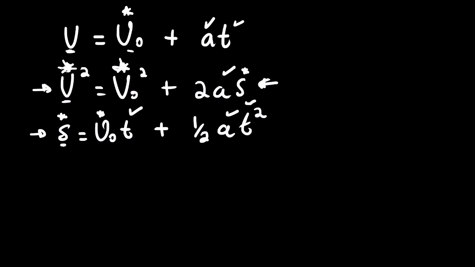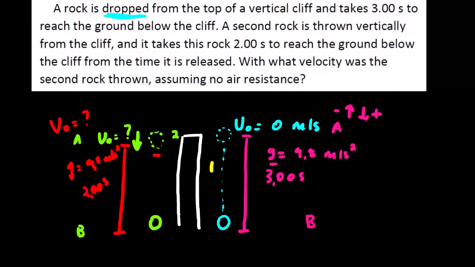But looking at the scenario, if you can check, since both of these rocks are thrown from the very same cliff with the very same height, it means that if rock A travels about 2 meters from the cliff up to the ground, the second rock will also travel the very same height.